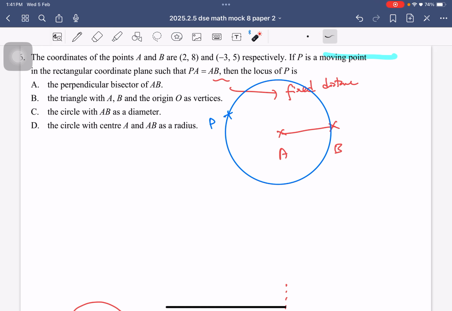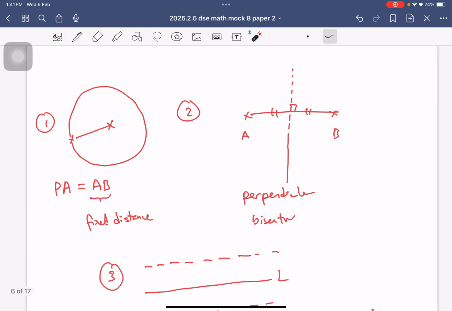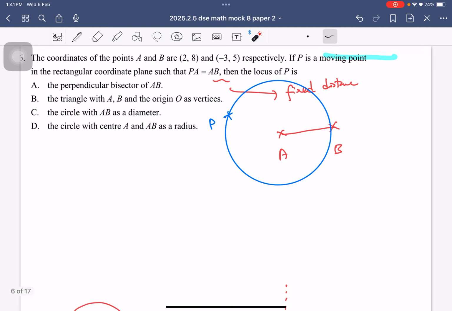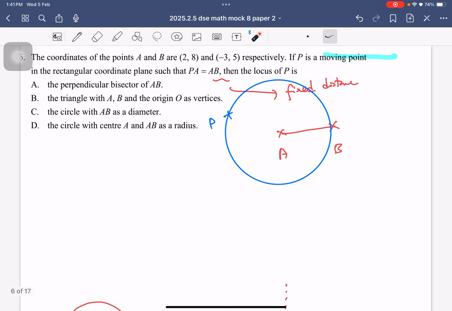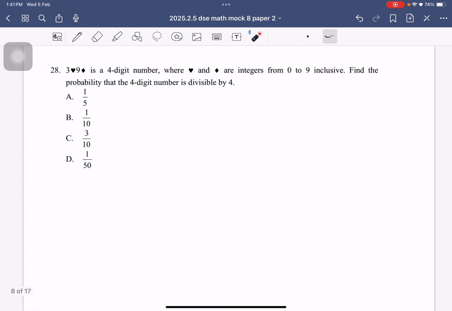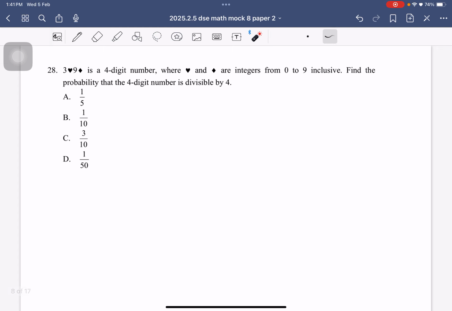You can say PA equal to AB is the first type, where AB is the fixed distance. Okay? Understand? Is anything okay?